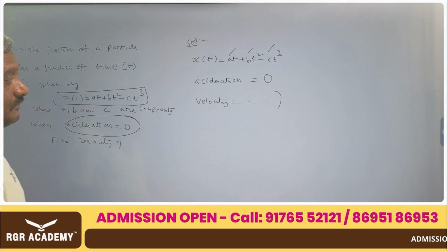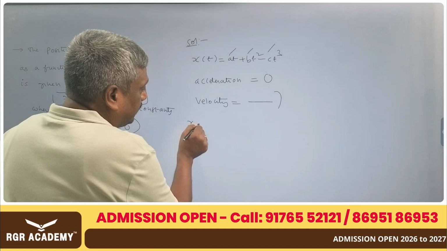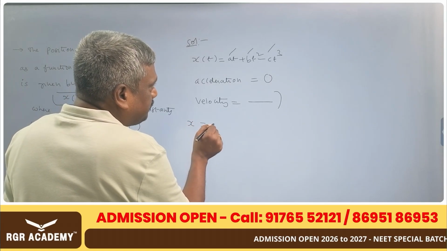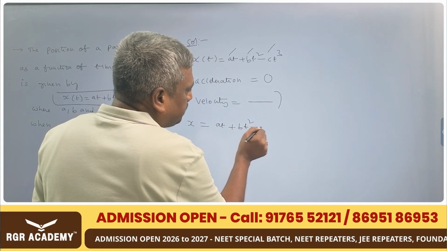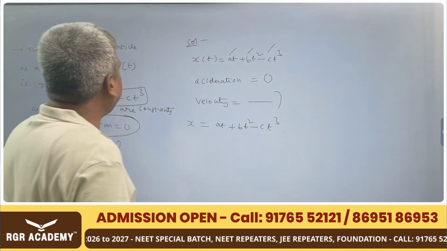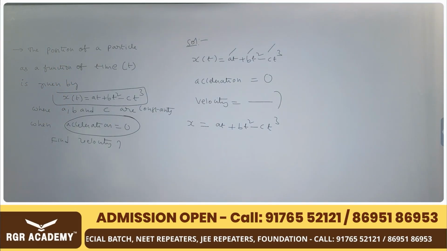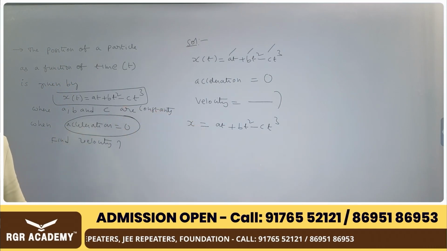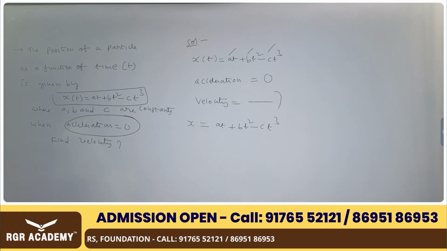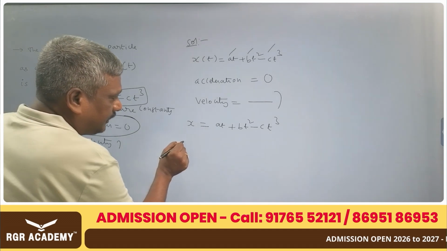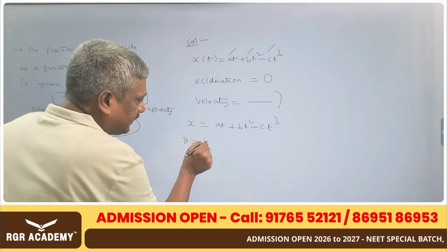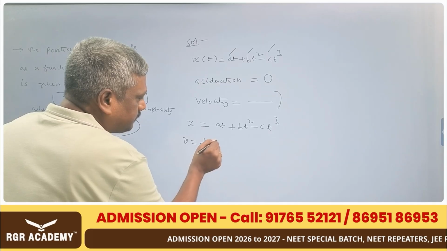So first of all, write the position of a particle with respect to time: at plus bt square minus ct cube. First differentiate with respect to time, then you get velocity from this. V is equal to dx by dt.